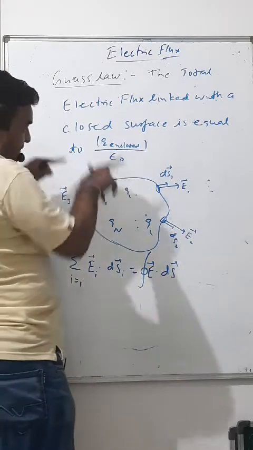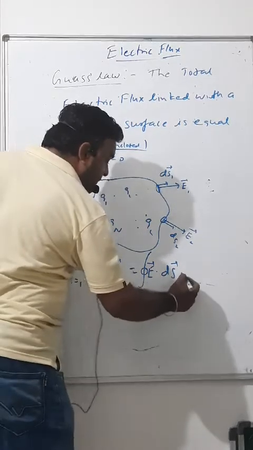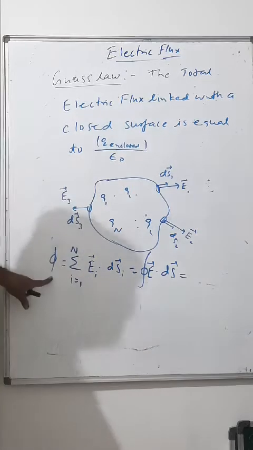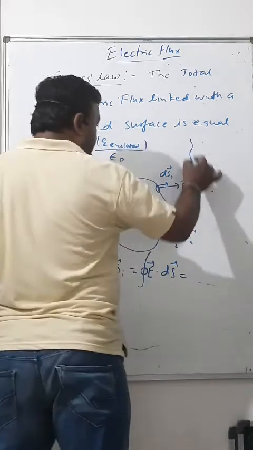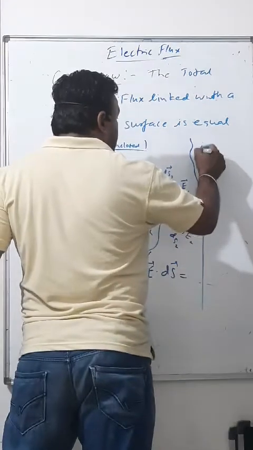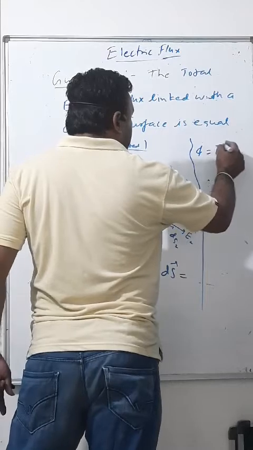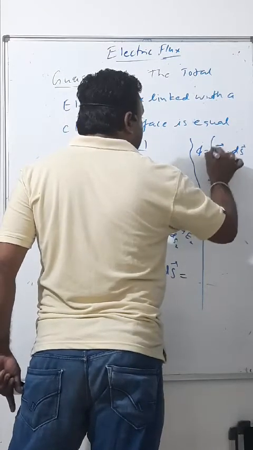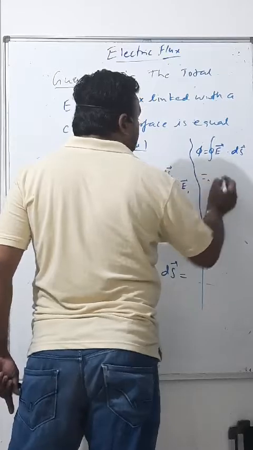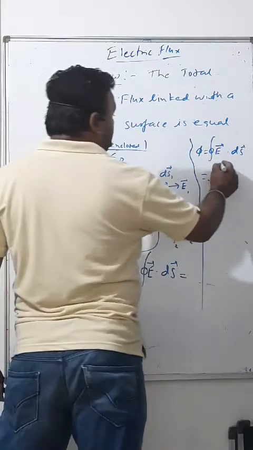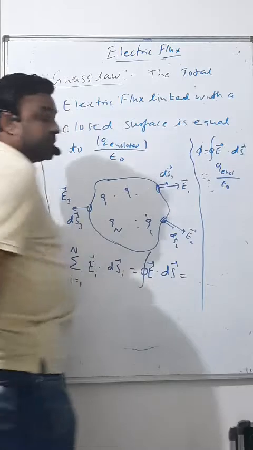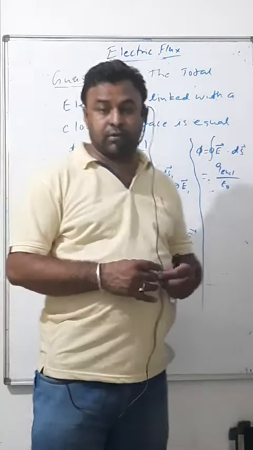Now according to this definition, this is the total flux. I write here the total flux, E dot ds over the closed surface, is equal to Q enclosed upon epsilon. This is the statement of Gauss law.